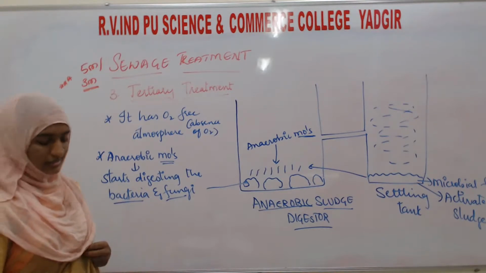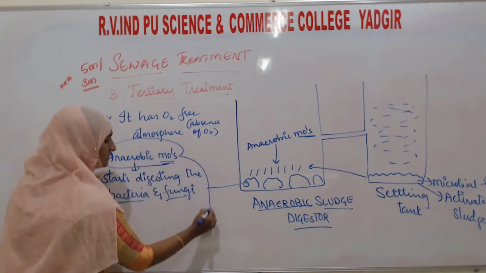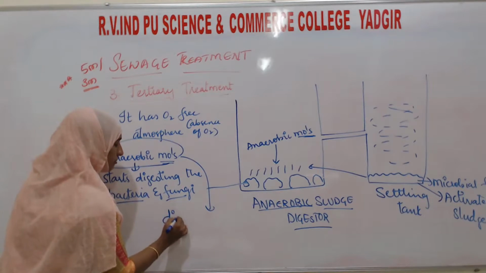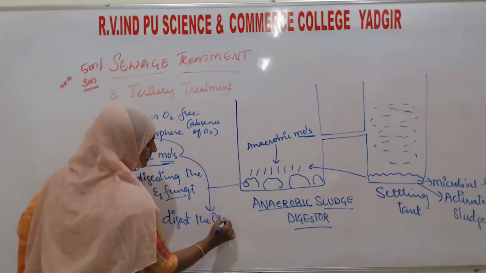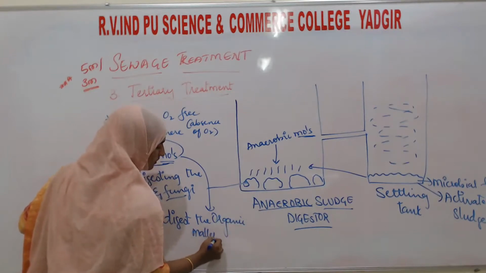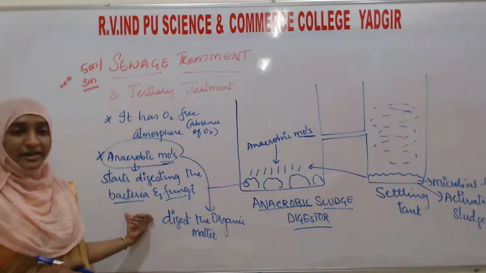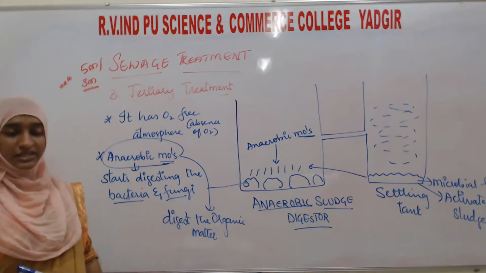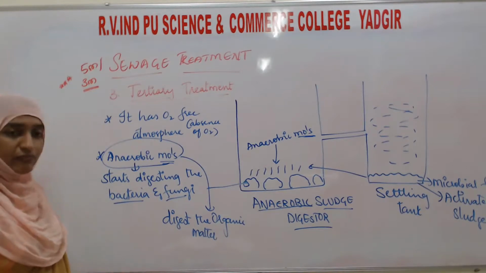Here these microorganisms will also digest the organic matter from that particular sludge. They are going to digest bacteria and fungi, as well as the organic matter which is present in the soluble form.